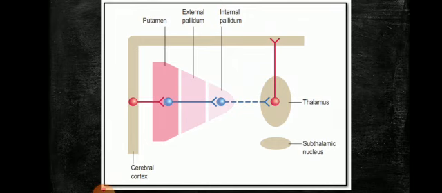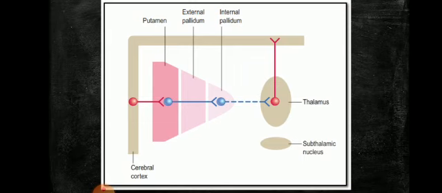When the activity in the pallidal neurons is increased, more GABA is released at the tip in the internal pallidum. Since GABA is inhibitory, it will reduce the activity of the neuron arising from the internal pallidum which supplies the thalamus.